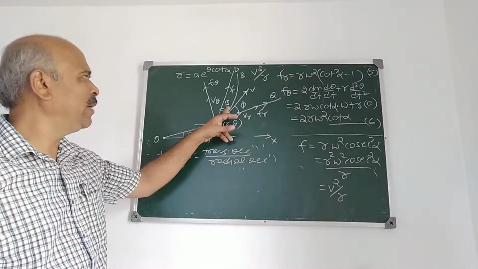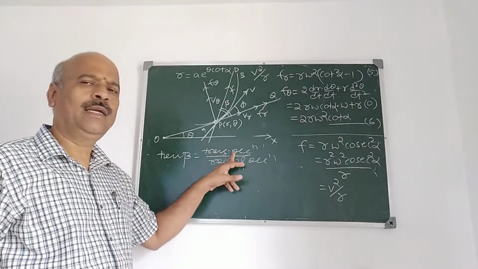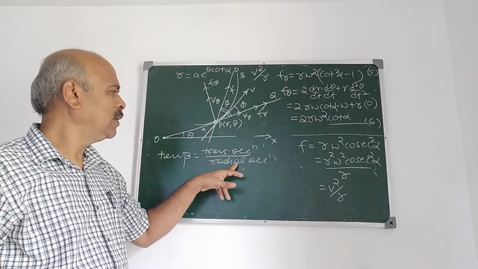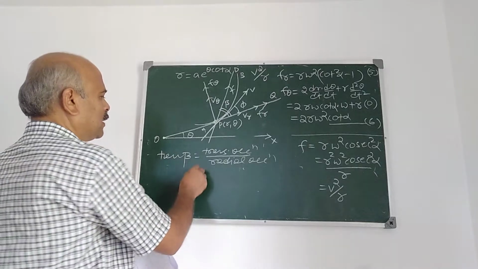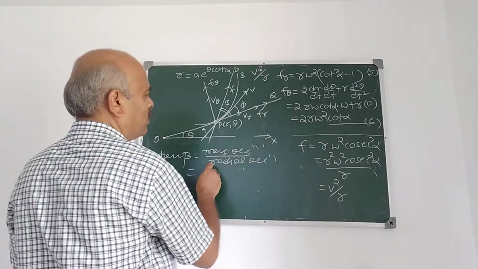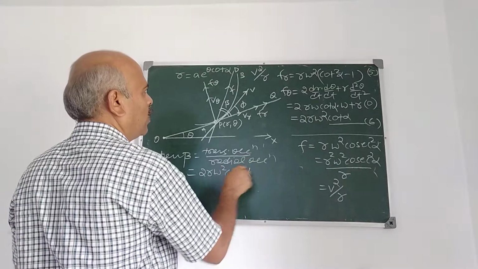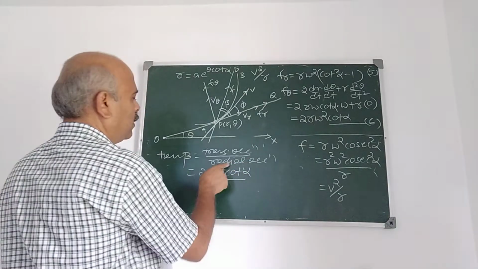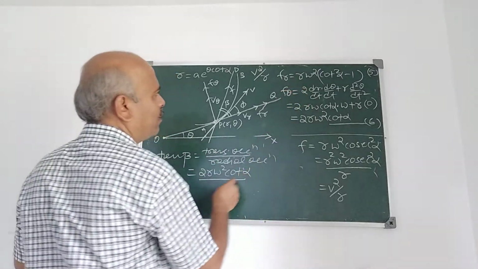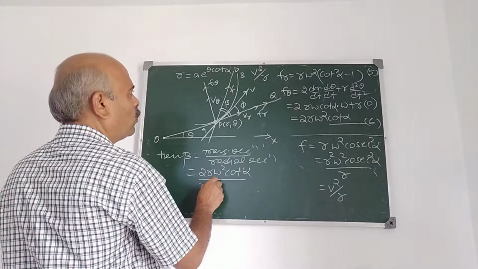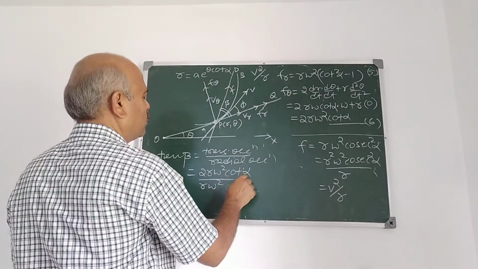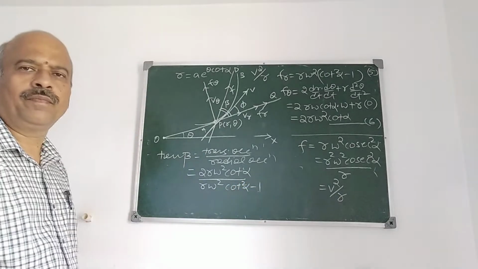If beta is the angle made by the acceleration, then what is tan beta? Transverse acceleration upon radial acceleration. What is transverse acceleration? F theta. What is that? 2r omega square cot alpha, divided by, what is radial acceleration? Radial acceleration is r omega square (cot square alpha minus 1).